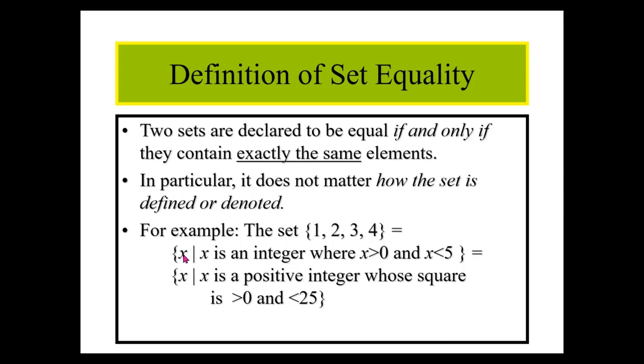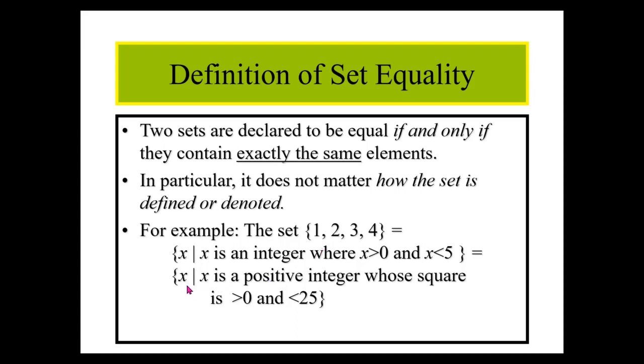What is that? x is an object, its value is an integer, and the condition is x is greater than 0 and x is less than 5. It is nothing but these 1, 2, 3, 4. Meaning this set and this set are one and the same because they have the same objects.